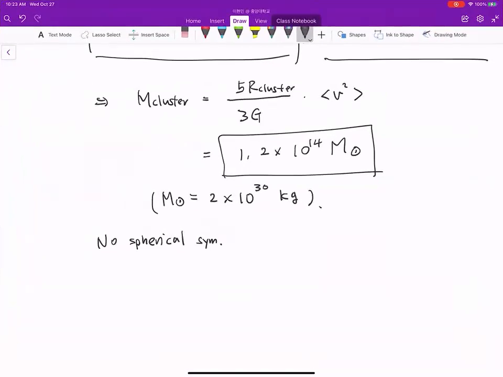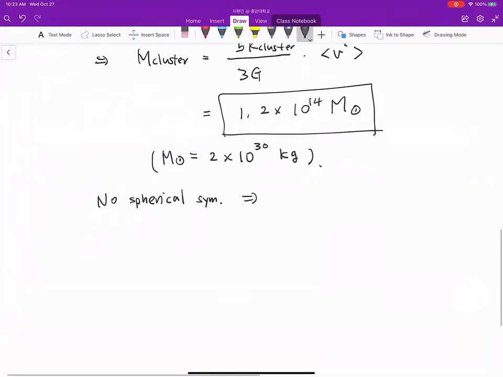So if there is no spherical symmetry, actually, the virial theorem tells you only this one: twice the averaged kinetic energy equals minus the averaged potential energy.